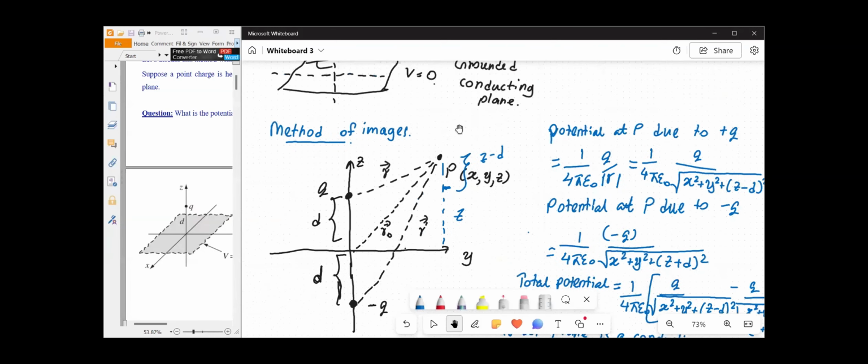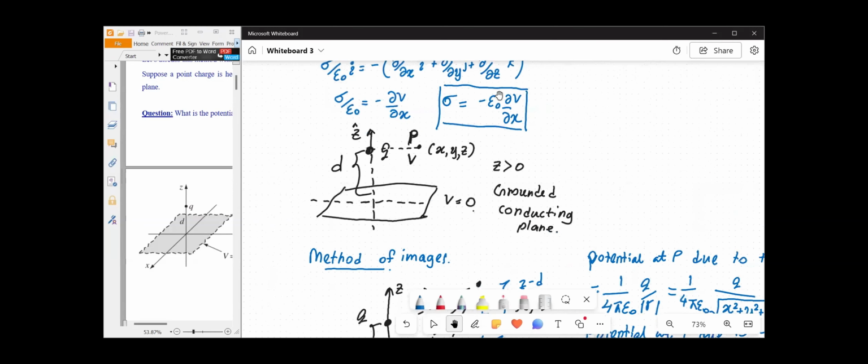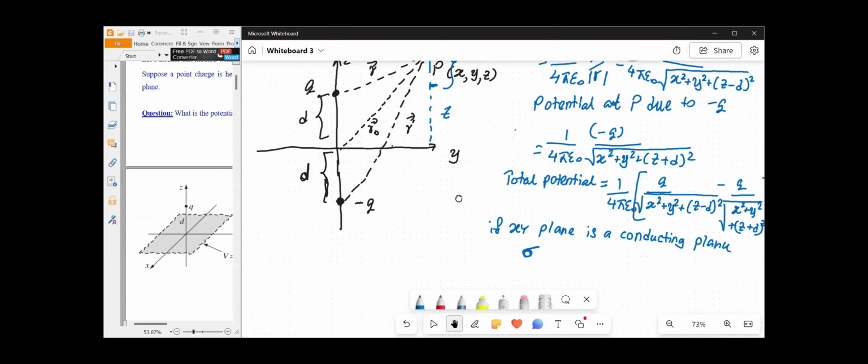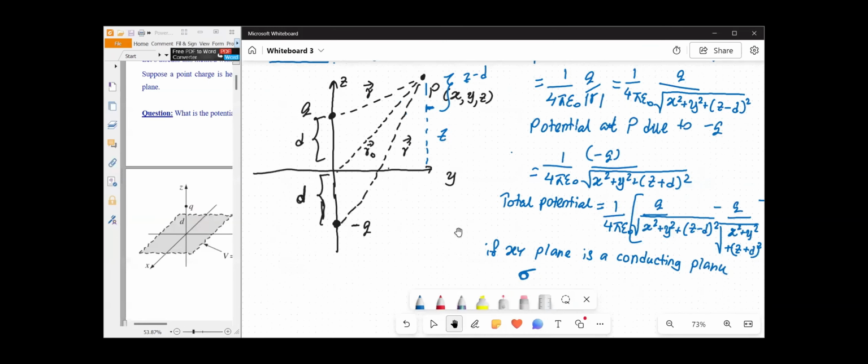To calculate that, we can use this equation. Charge density is equal to minus epsilon naught times the derivative of V with respect to x. In that previous situation, x is the direction normal to the conducting plane.